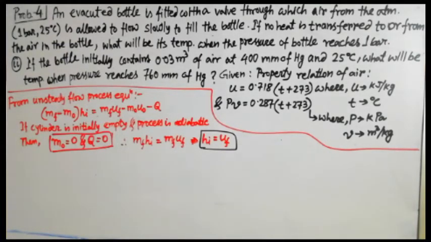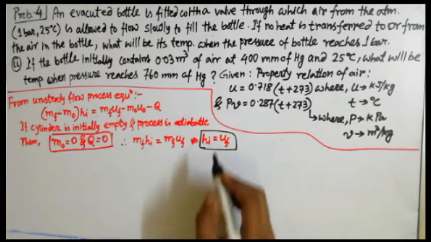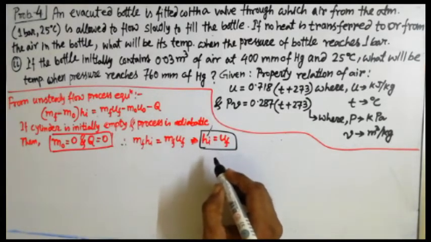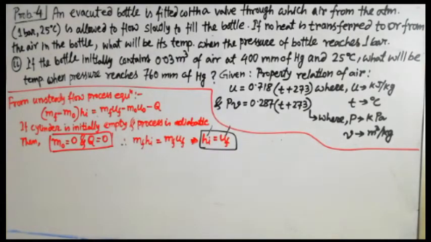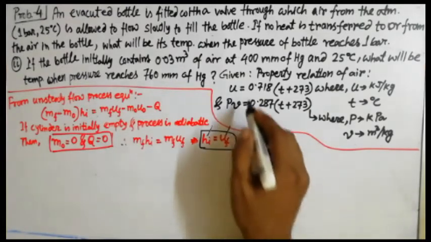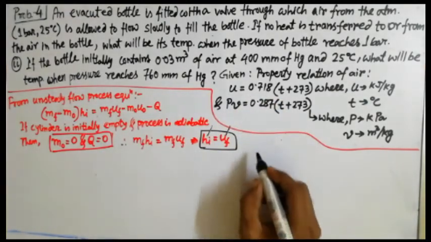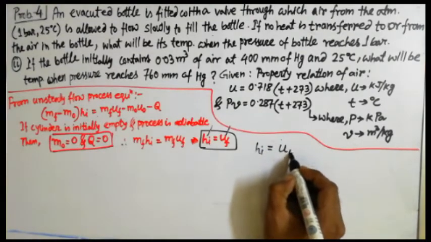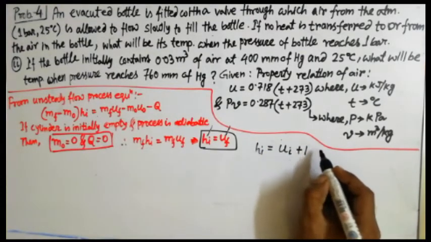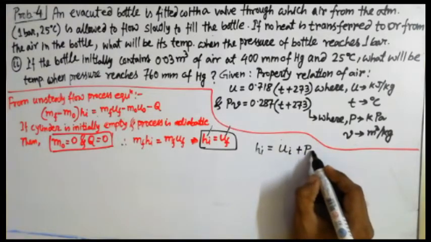Okay, so just go through the earlier video, it will be clear. So now you have to find the specific enthalpy initially and the final stage internal energy. Both can be found using these two relations. So hi can be found easily. It can be written this way. We all know these equations.